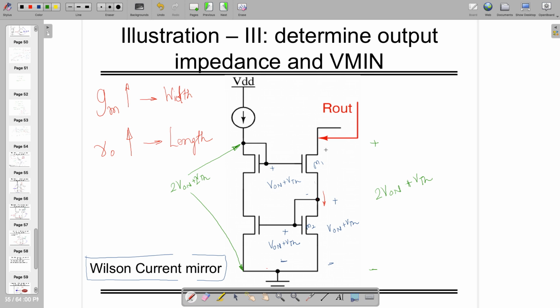Interestingly, in that case, this transistor demands only V on voltage. By the way, these are the bare minimum required potentials to make these transistors in saturation, right?